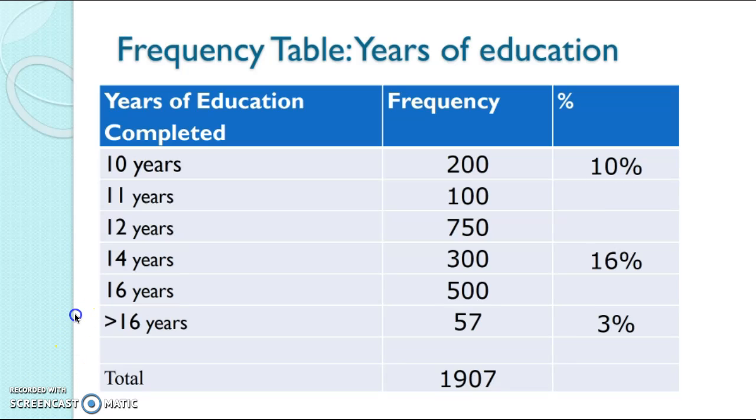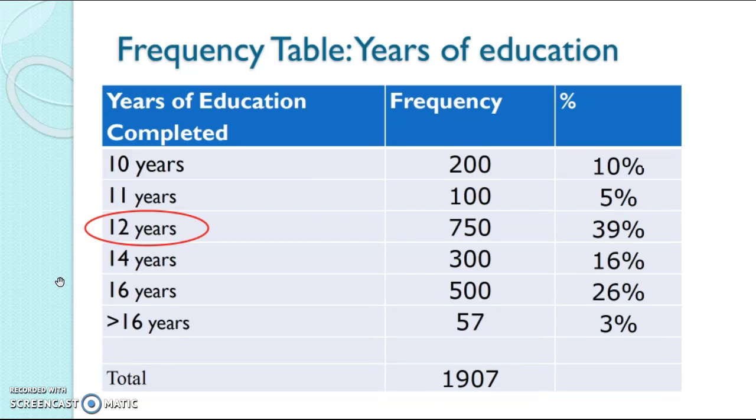Also, once you're able to calculate the percentages, I would ask you to identify what is the modal response. What is the most common response? So again, take a moment to pause here. Moving on, you see I filled in the table with the percentages, and the mode is 12 years, the most common answer.